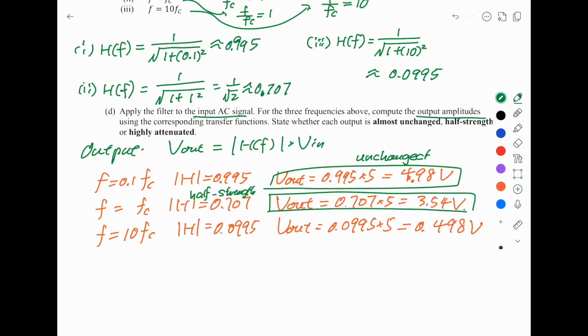And for the third case, it is highly attenuated.